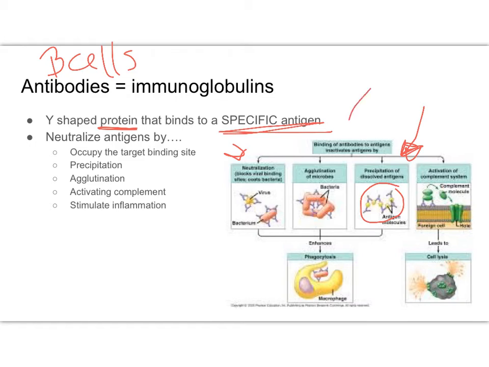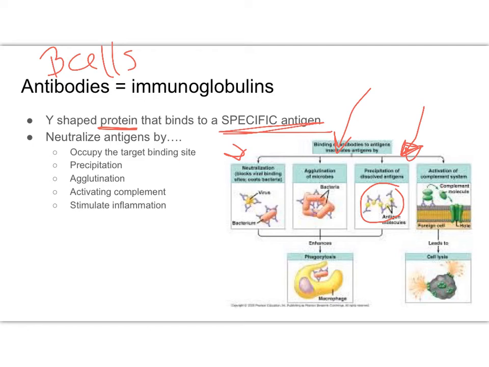You also see that agglutination reaction happening. That agglutination clumps together those antigens again that are on cells or on viral surfaces, and it makes them really large. So basically precipitation and agglutination are kind of the same thing. It makes them clump together, but the agglutination is making the antigens that are on a cell, like a bacterial cell, or on a viral surface clump together, whereas the precipitation is making the free antigens clump together.